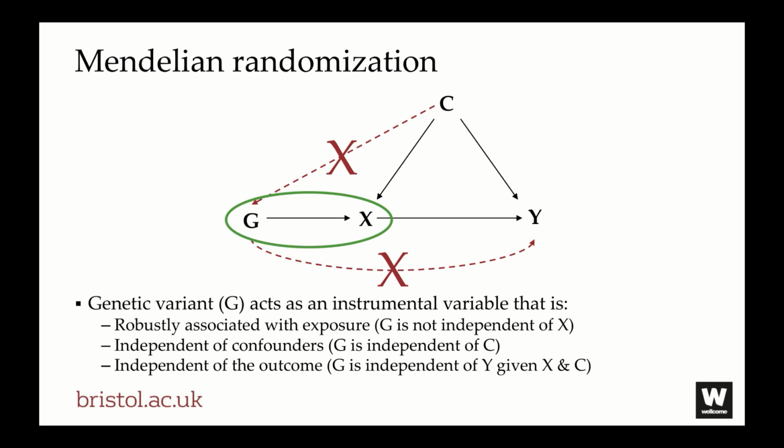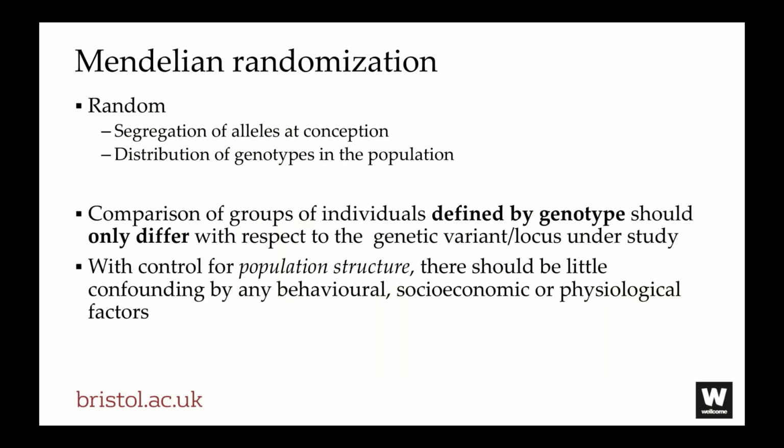which is very similar to what you think of with a trial. Say you've got a trial of statins. There will be a relationship between statins and your outcome of, say, coronary heart disease, but the assumption is that that's only through its effect on LDL cholesterol, for example. So this is the diagram, or directed acyclic graph, of what Mendelian randomization is.